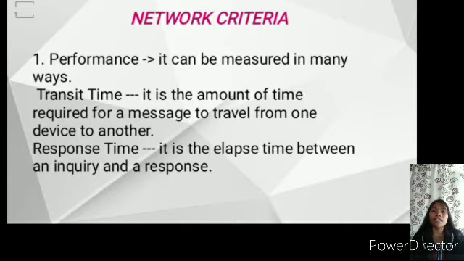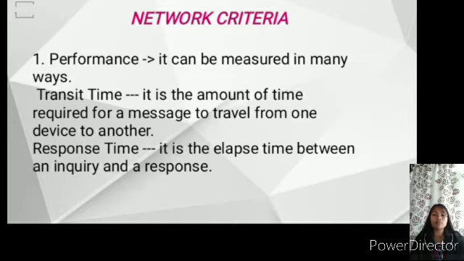Networking criteria: first is performance. What is performance? Performance can be measured in many ways, including transmit time and response time. Performance is measured by various factors, such as the amount of time required for messages to travel from one device to another, and the time it requires to get a response starting from an inquiry.